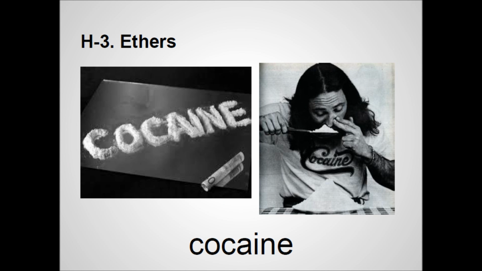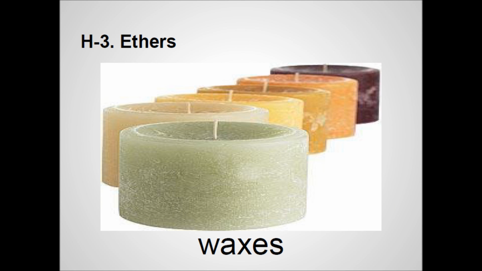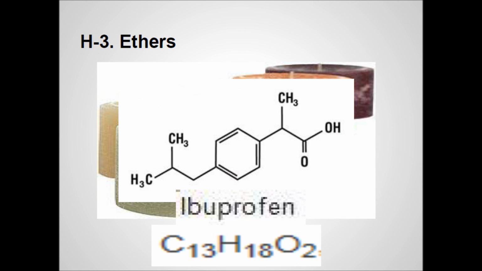Cocaine is another example of ethers and is mainly composed of methyl 2R3S, 3-benzoloxy, 8-methyl, 8-azabicyclooctane, 2-carboxylate. Waxes are another example of ethers and are made of ibuprofen.